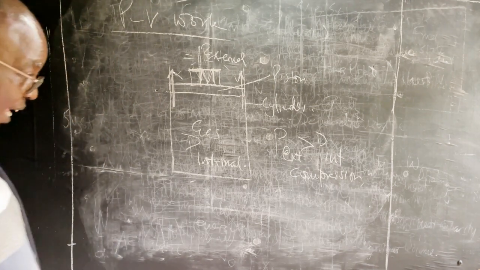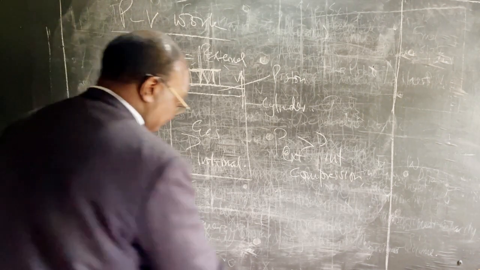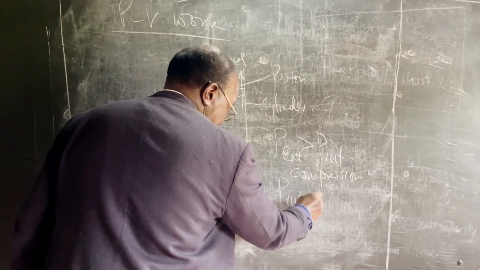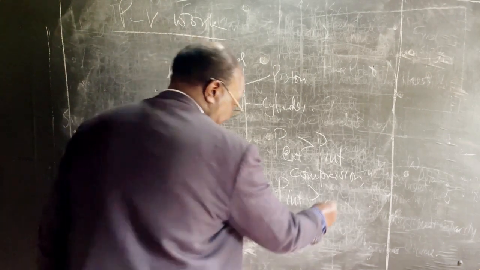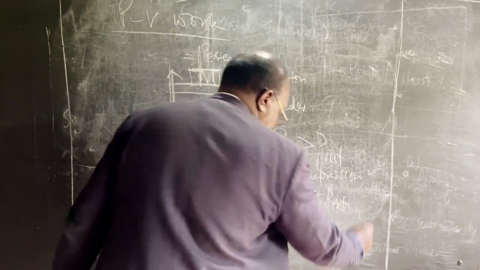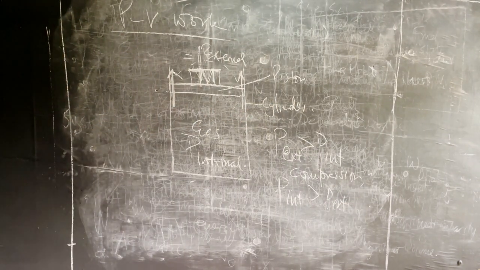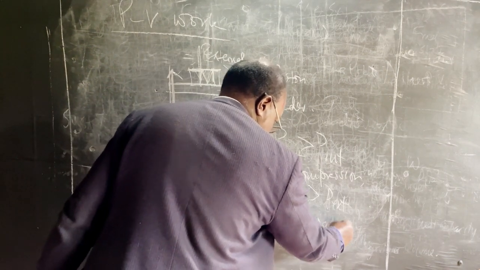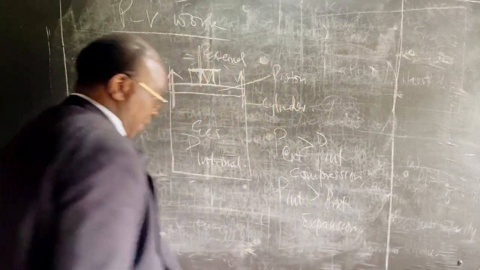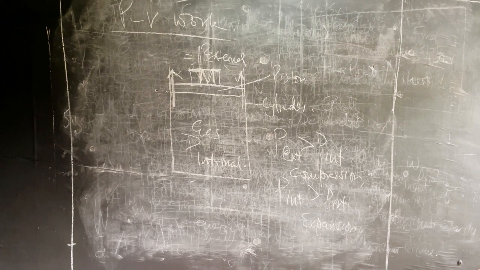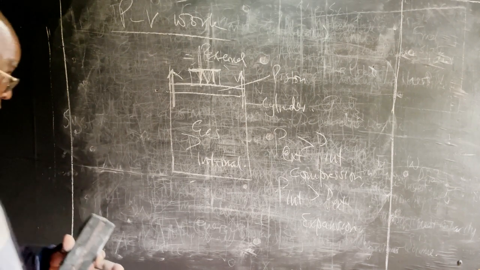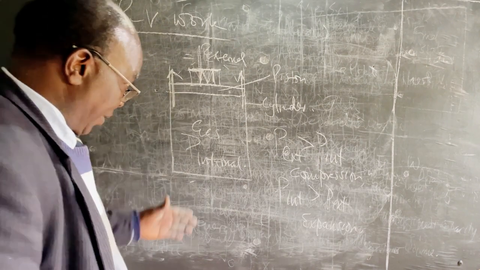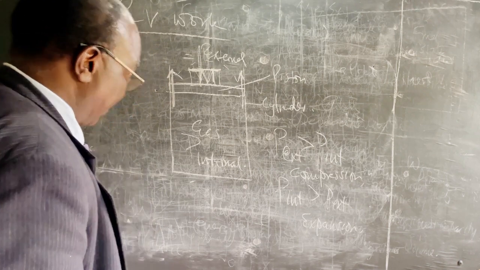On the contrary, if the internal pressure is greater than the external pressure, then the piston will be pushed upwards, so that we'll have an expansion. So when we talk of PV work, we are talking of compression or expansion of this particular gas.